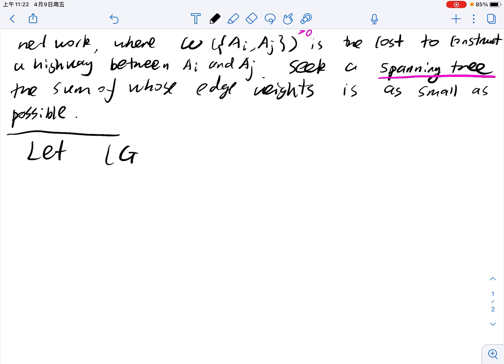So next we introduce the algorithm due to Kruskal, which is also called the greedy algorithm.